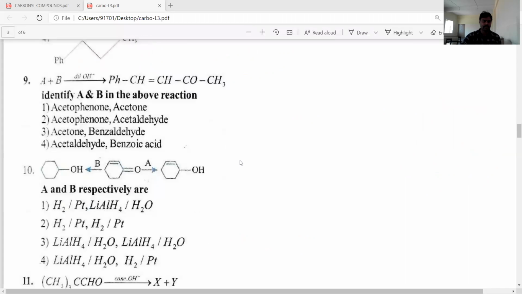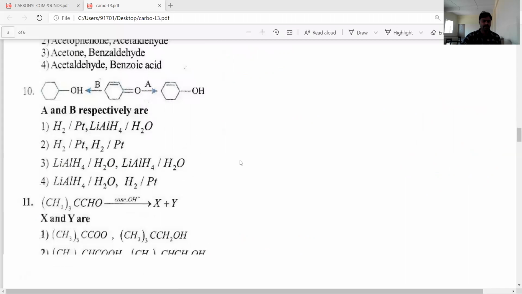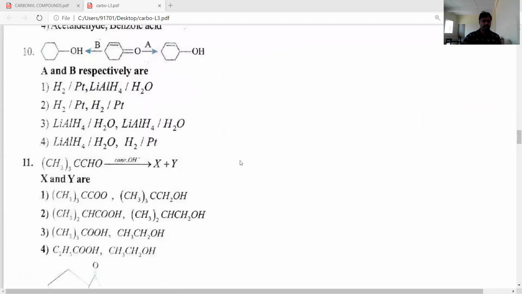Let's see the 10th question. It's very easy. The 10th question is just conversions, very, very important. What are the A and B reagents they are asking? Let's see.